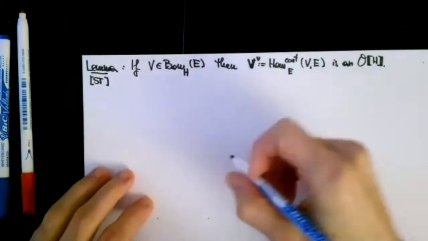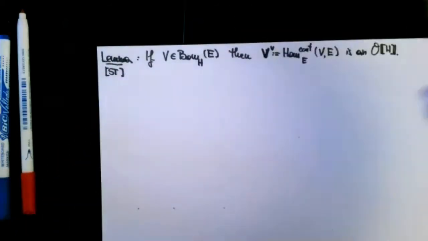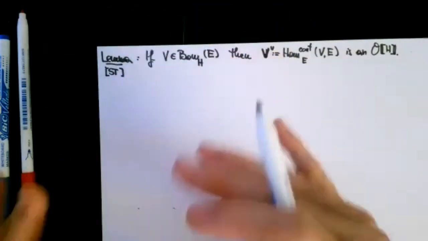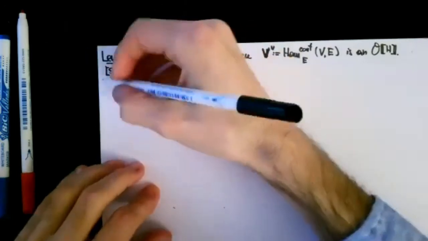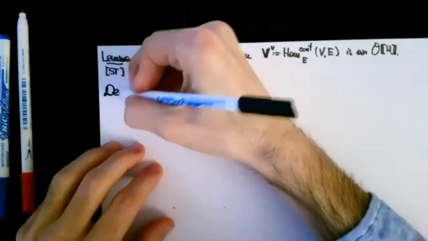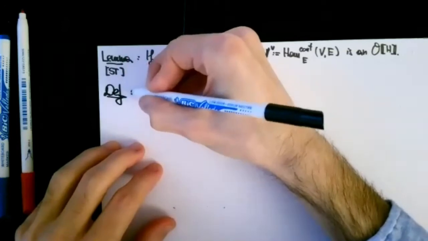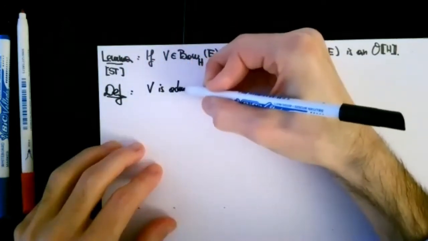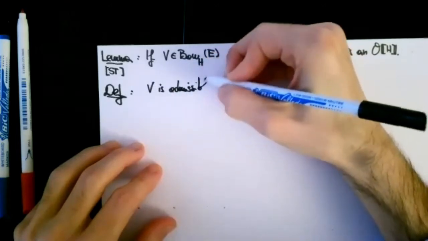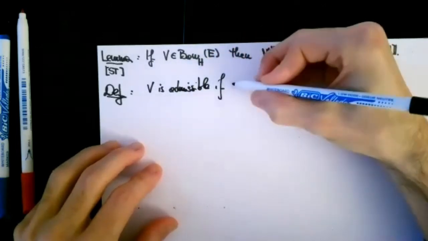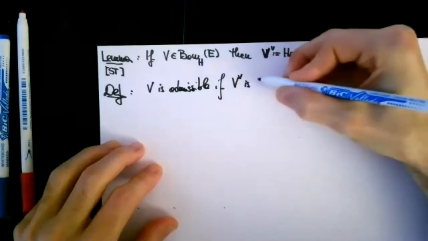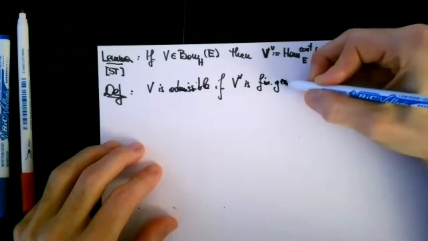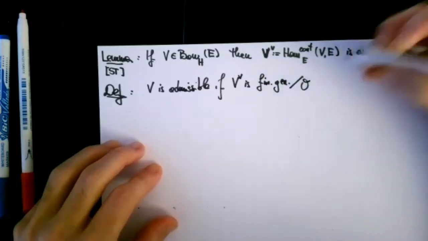I'm going to skip the proof of this, and I would like to get right to the point. So the definition, Schneider-Teitelbaum, is that V is admissible if the dual is finitely generated over what?